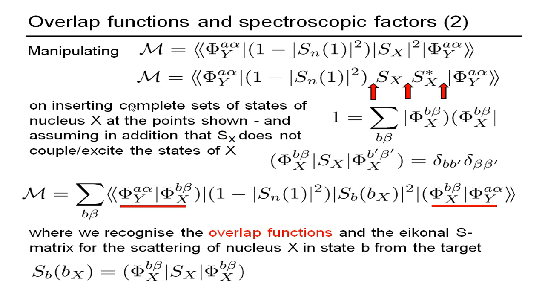The absorption operator for the neutron, and this operator SB, which is Sx sandwiched between this wave function. So this is the elastic scattering S matrix of the object B, nucleus X, from the target nucleus.